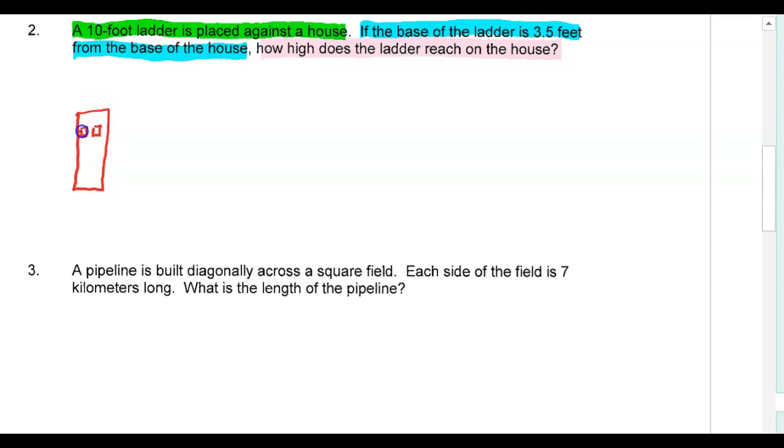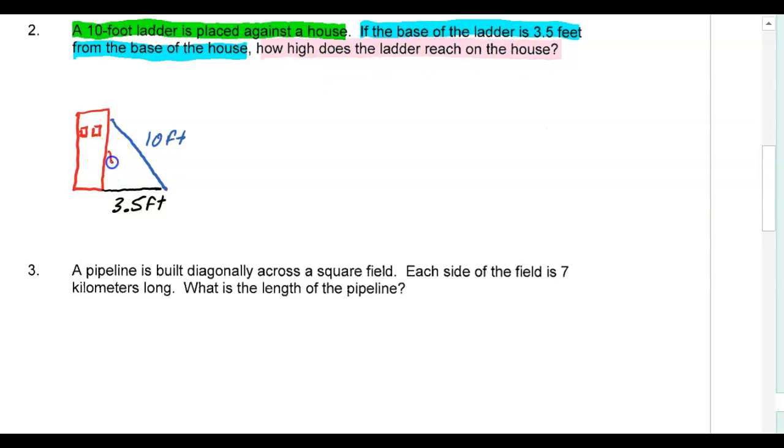So here's my house with a couple windows. I'm going to put a ladder, so the blue line represents the ladder. That ladder is 10 feet. And it is put 3.5 feet away from the base of the house. And the question is, how high does the ladder reach on the house?